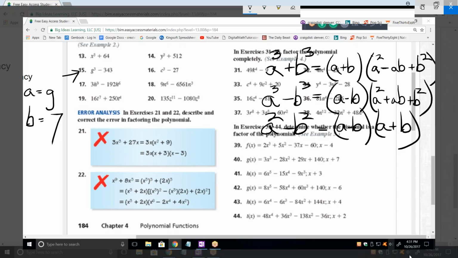Now, what's the answer? So G plus 7 times... Hold on. The first term always matches the sign of the problem, right. Sorry. It's minus 7.